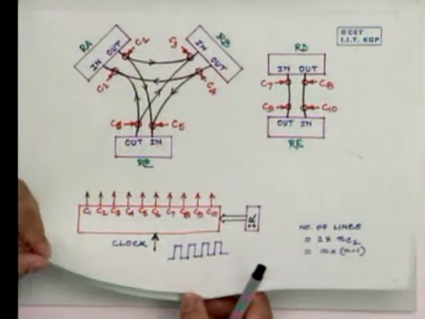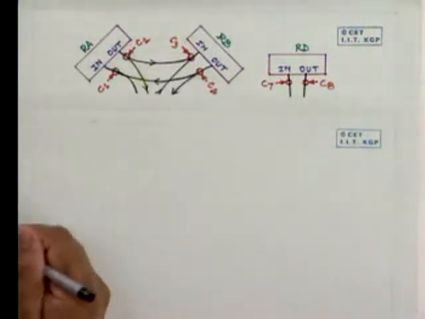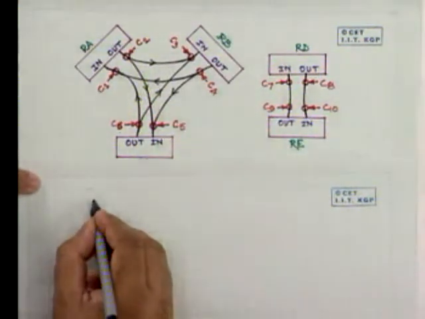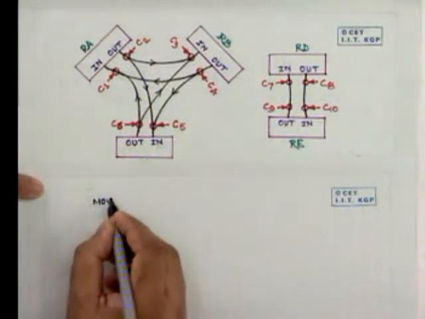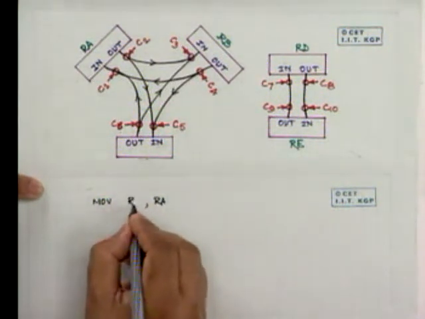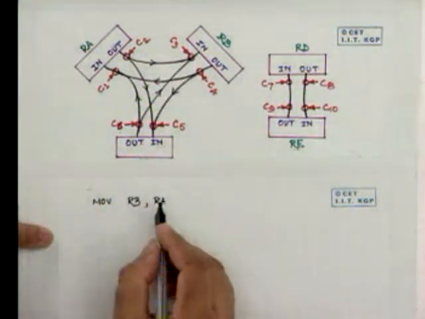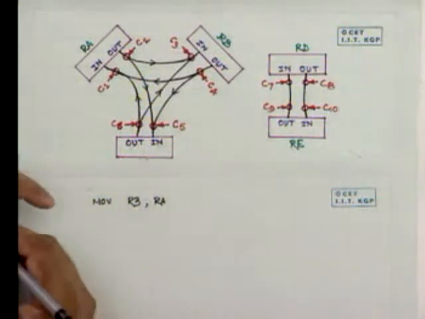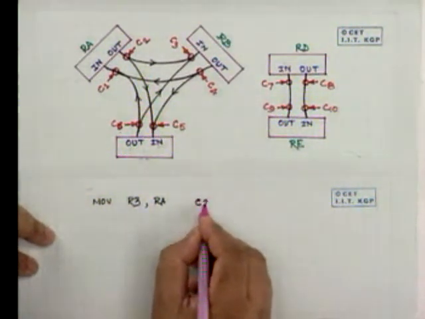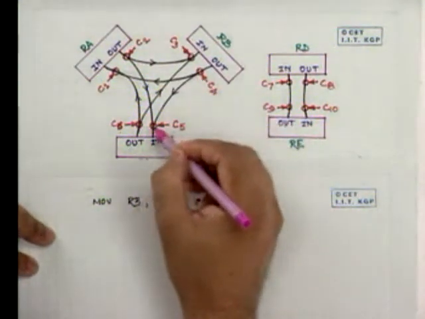Therefore, if we say that I want to execute an instruction of the form move register A to, say, register B, the operation that is actually involved is that you open gate C2 and gate C3, and all other gates should remain closed.